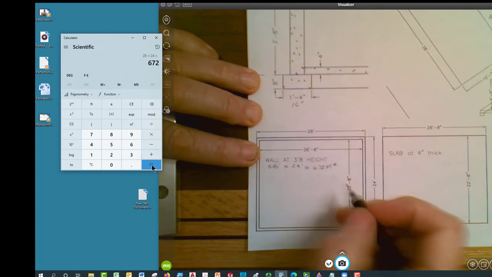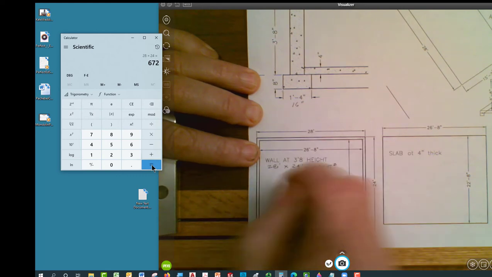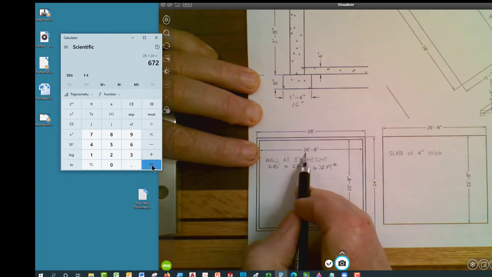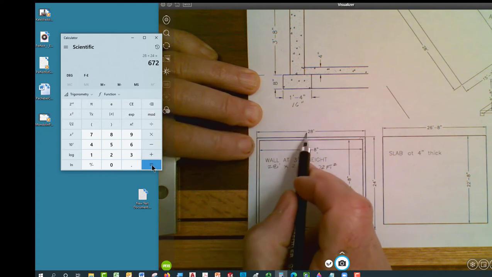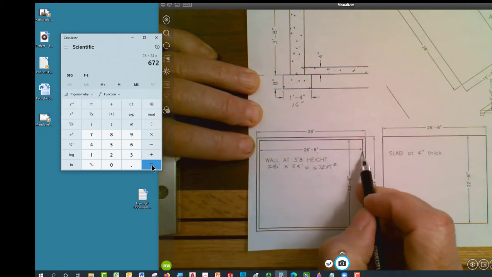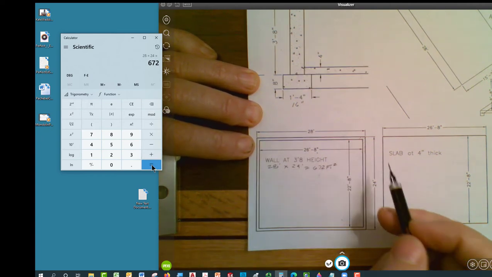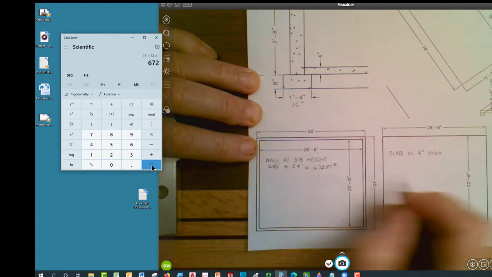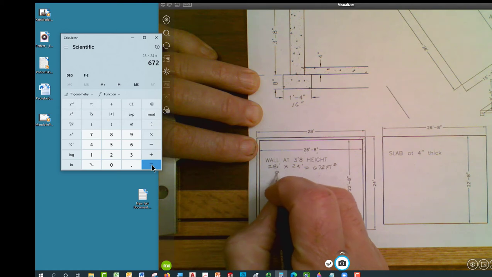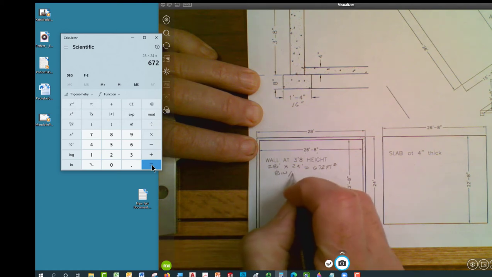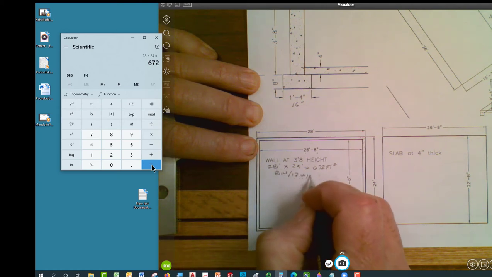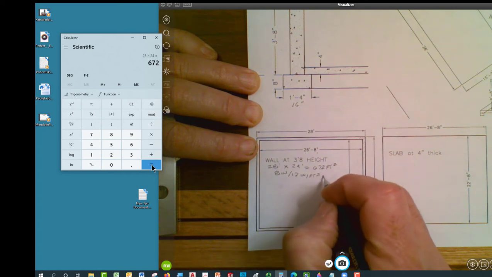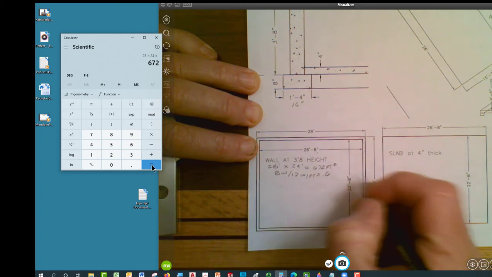Now we're going to subtract from that the inside rectangle, which is 26 feet 8 inches. In other words, if you take 28, subtract 8 inches from this side and 8 inches from that side, you're left with 26 feet 8 inches. And by the way, 8 inches divided by 12 inches per foot equals 0.666667.